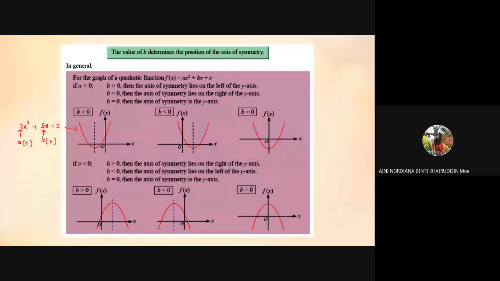For this graph, maybe the function is 2x squared minus 5x plus 2. So this is a positive number, here a negative number, so the axis of symmetry lies on the right of the y-axis. Example for the graph where B is 0: maybe 2x square plus 2.